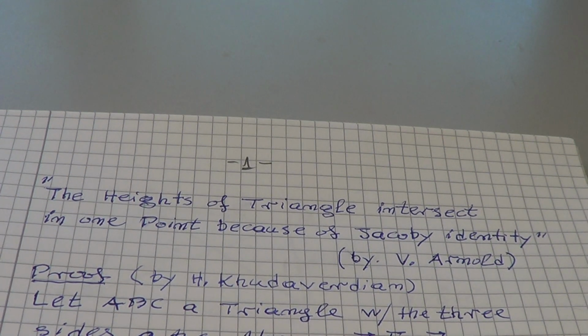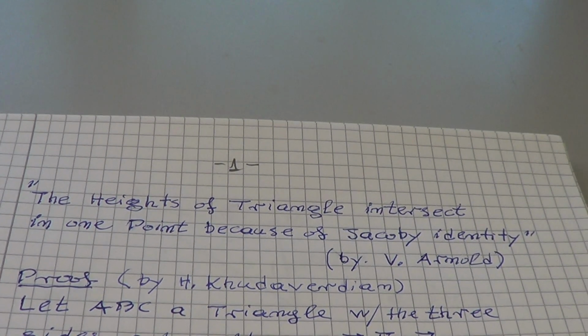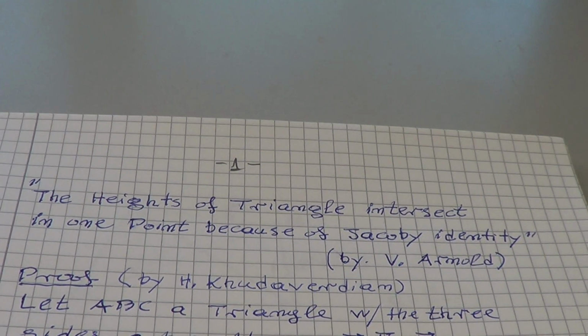Hello, in this video I'm going to present and explain a very nice property of triangles, which is as follows. The heights of a triangle intersect in one point because of the Jacobi identity.